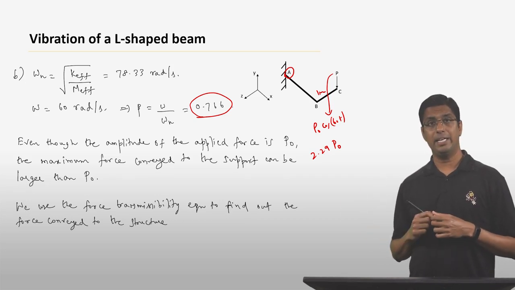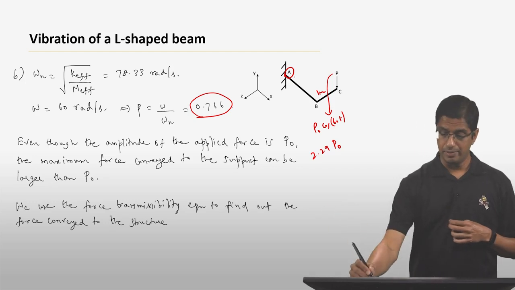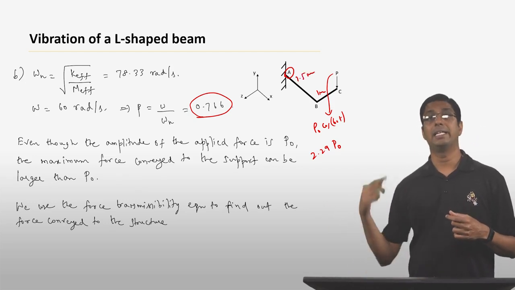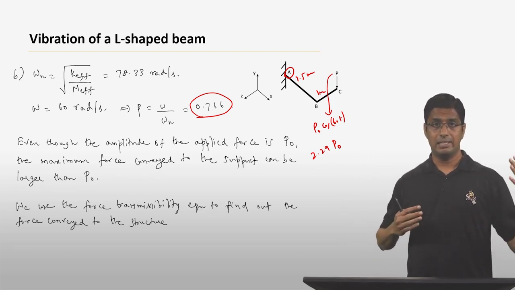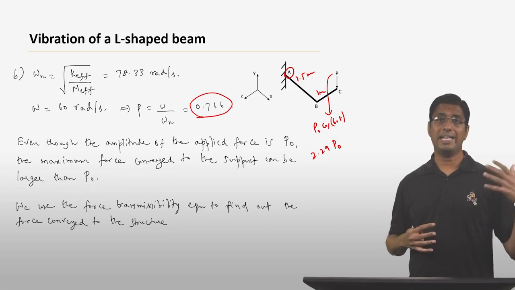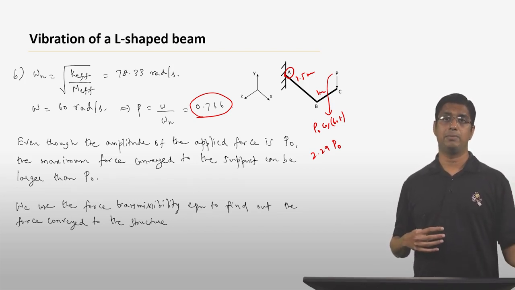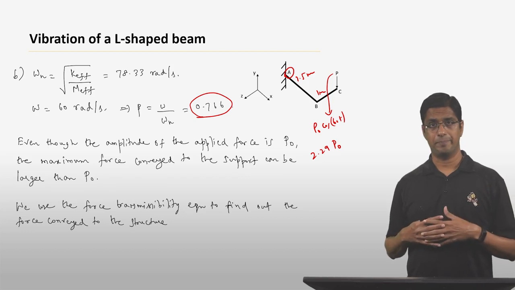The maximum bending moment being applied is not P naught times this 1.5 meters. It is P naught times 2.29 times 1.5 meters. So essentially, the maximum moment and the maximum torque felt at the cross section at A are now amplified by a factor of nearly 2.3.